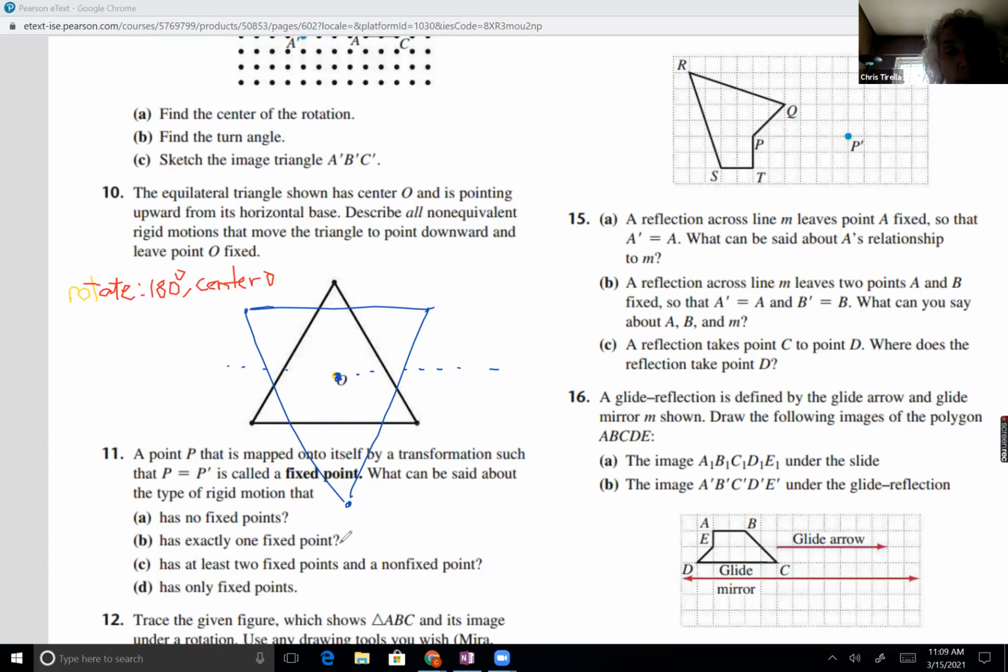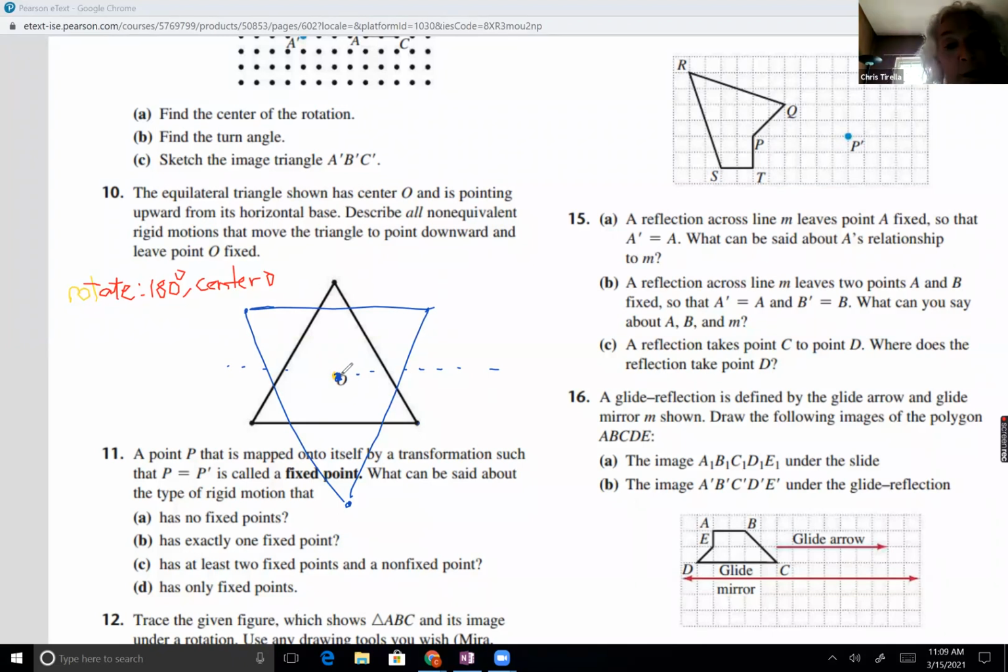Vertical line wouldn't do it. Vertical line, it would have symmetry. Can anybody see any other lines that we might be able to fold it over? Well, you guys are quiet.